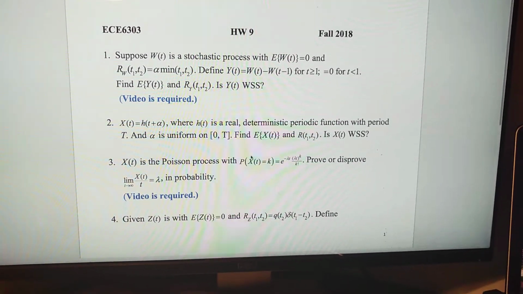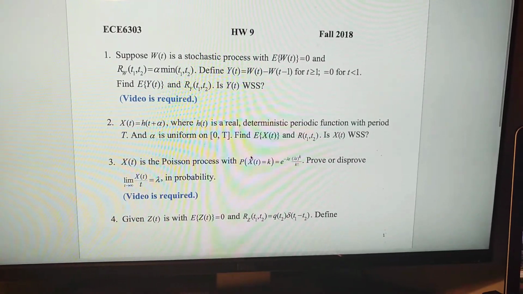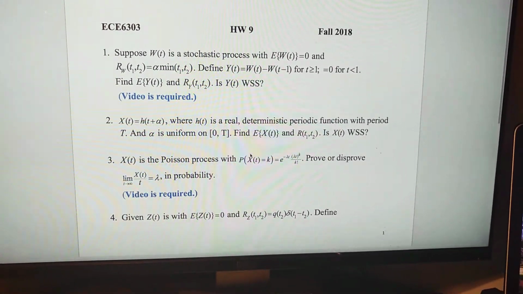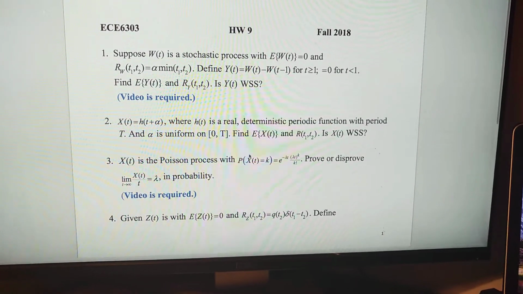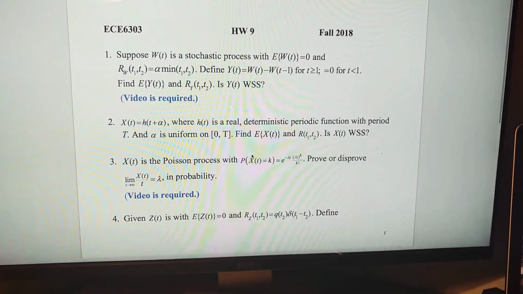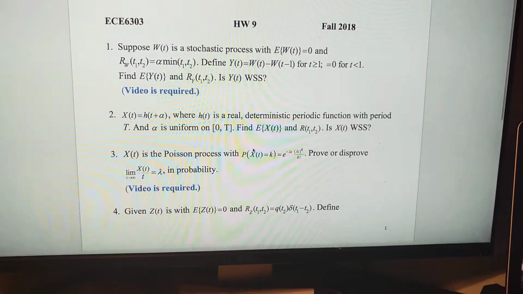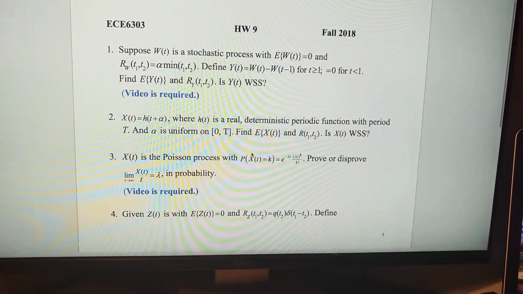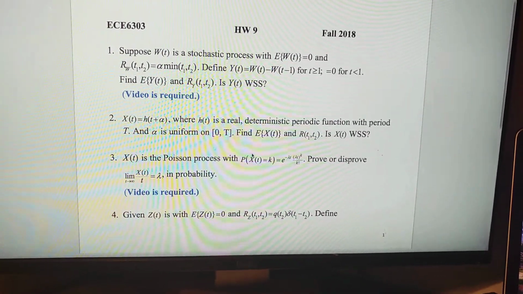Suppose W_t is a stochastic process with E[W_t] equals 0 and R_W(t1, t2) equals alpha times the mean of t1 and t2.